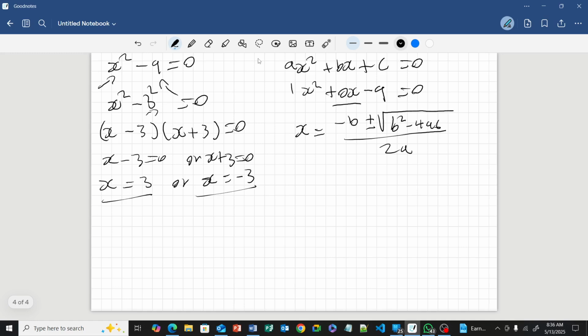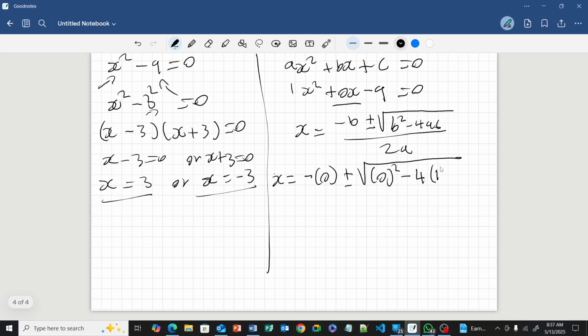Therefore, the value of x, let me take it down a little bit. Therefore, the value of x will be equals to minus the value of b, I said it's 0, so it's 0 plus or minus the square root of your 0 squared minus 4 into a.